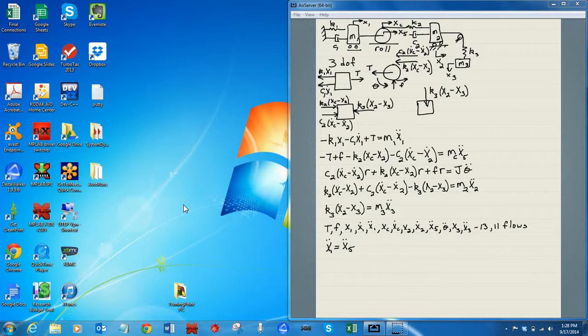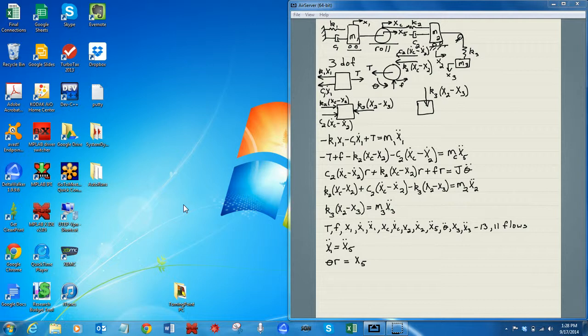The other relationship would be that when it rolls, there's a relationship between x5 and the angle theta. So the angle theta times the moment arm, or the distance between the rolling and the center, is equal to x5. In other words, theta times the radius is equal to the distance moved by the center, x5.